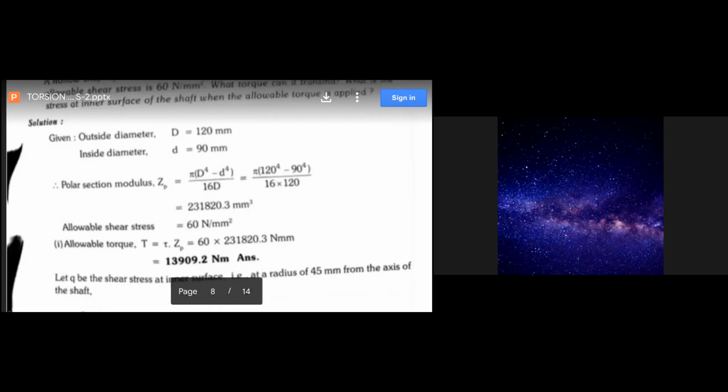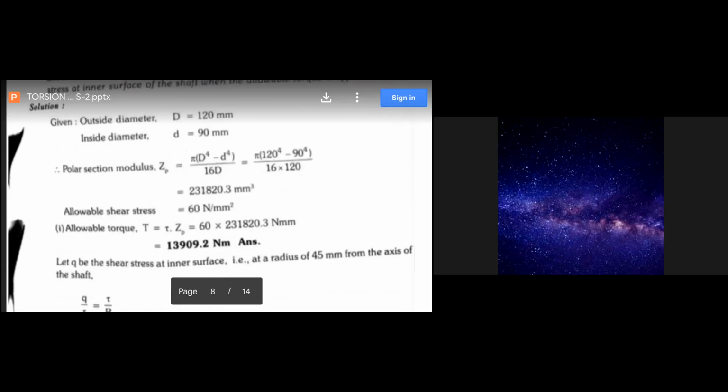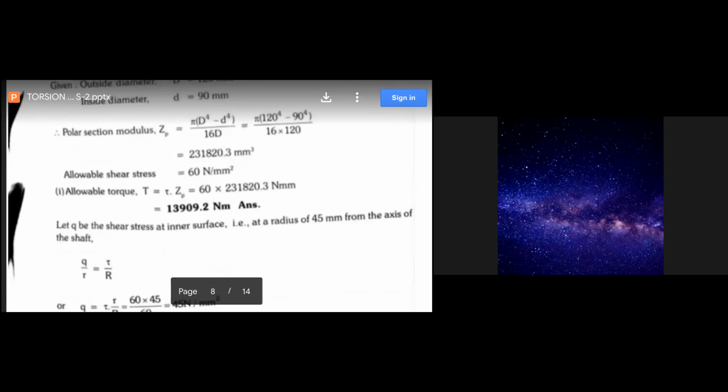So we will get 231820.3 mm cube. And allowable shear stress is given, that is 60 Newton per mm square. So the torque is equal to the allowable shear stress into polar section modulus.